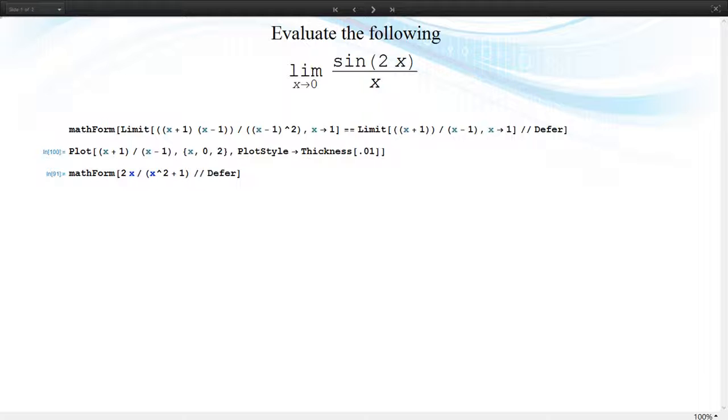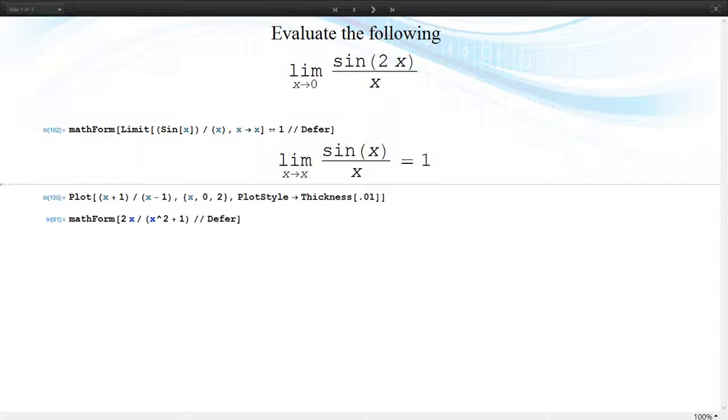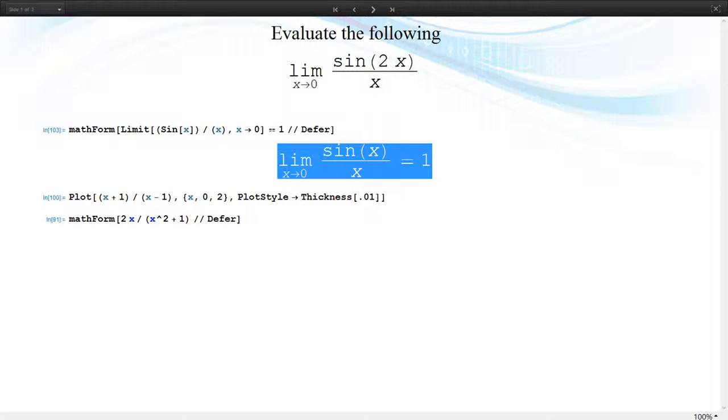So, what we know already is the limit of sine of x over x, and we know that that is 1. This is a limit as x goes to 0. We know that this limit is 1 from memorization.